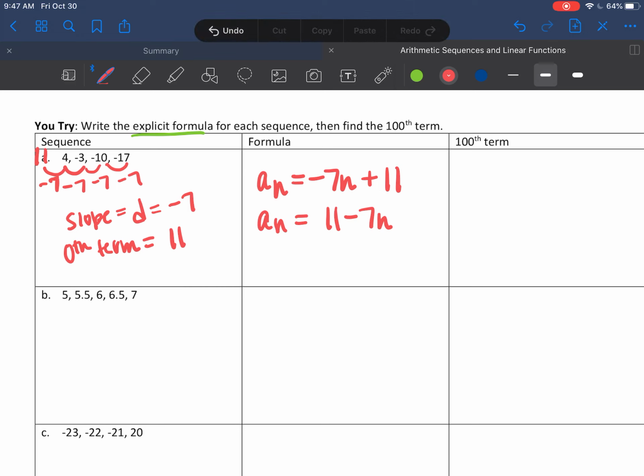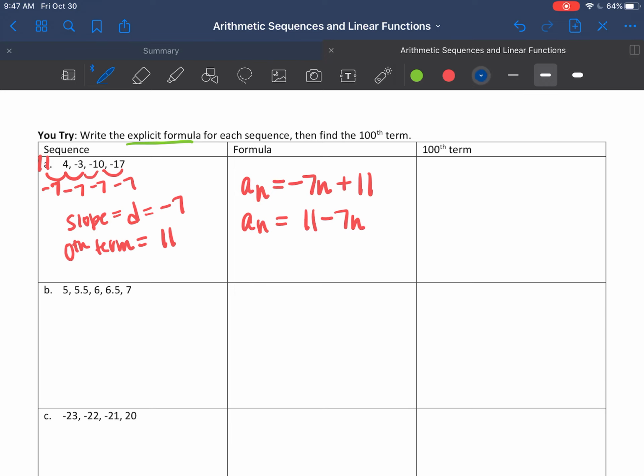And I always like to double check to make sure that actually works. My 0th term is 11. If I subtract 7, I get to 4, subtract 7, you get to -3. And so you can plug in different values for n to check it out. So if I were to plug in 3, that would give me my 3rd term.